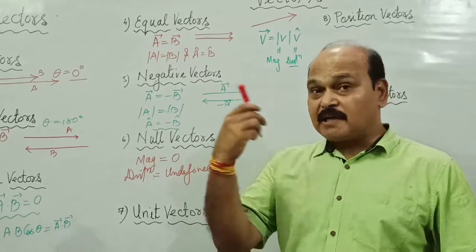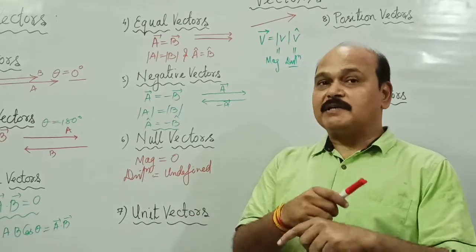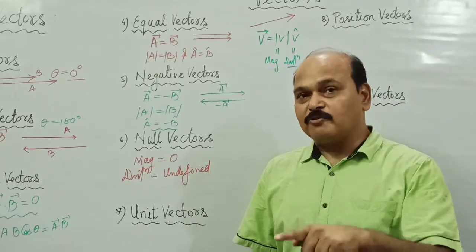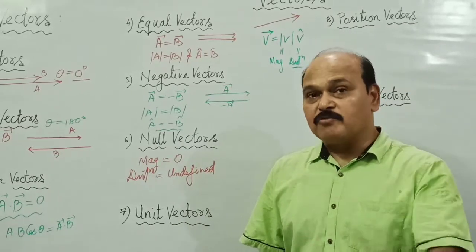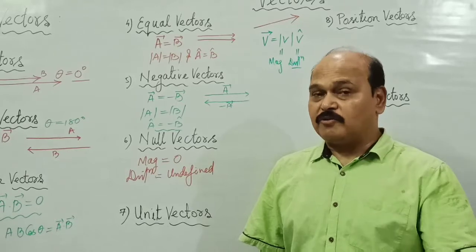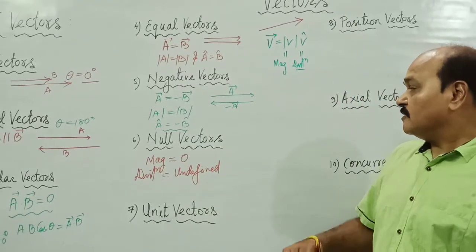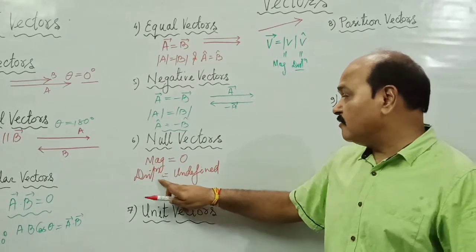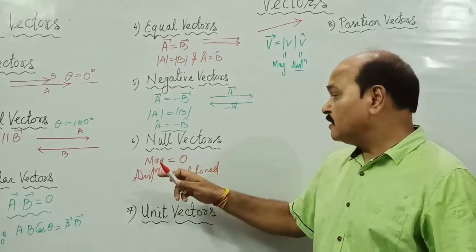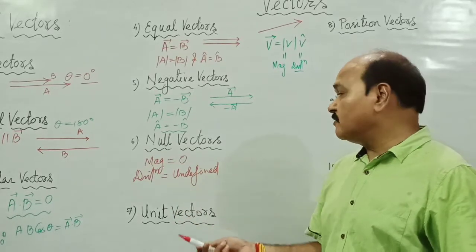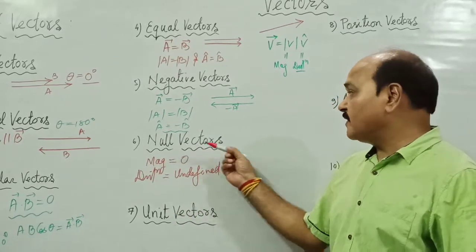Sum of two vectors is at times 0, difference of two vectors is at times 0, and cross product of two vectors is at times 0. So we are bound to call that 0 a vector quantity, and that is what a null vector is. So there may not be any technical flaw when we explain the 0 vector or null vector while finding the sum or difference. We have the concept of null vector.